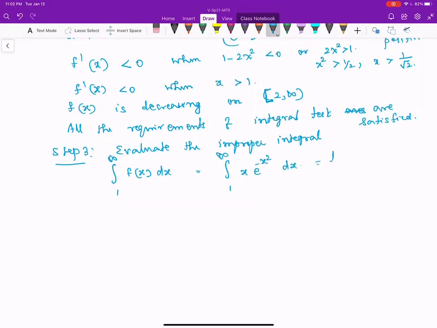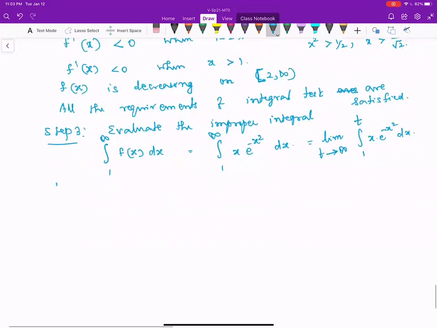As it is improper, we have to write this as the limit as t approaches infinity of the integral 1 through t of x e to the negative x square dx. This can be done by u substitution: x square equals u. So 2x dx would be du.